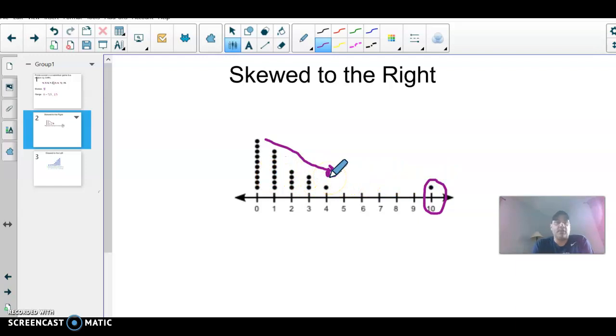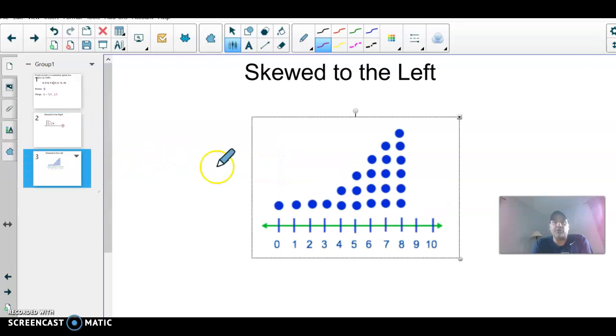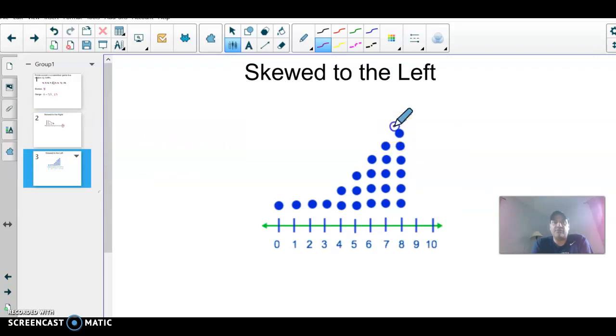Now, obviously, that would be skewed to the right, so the opposite would be skewed to the left. The data is going down to the left. So that means it's skewed to the left. And it doesn't look like there's any outliers here. There's no point that's far away from the other points, okay?